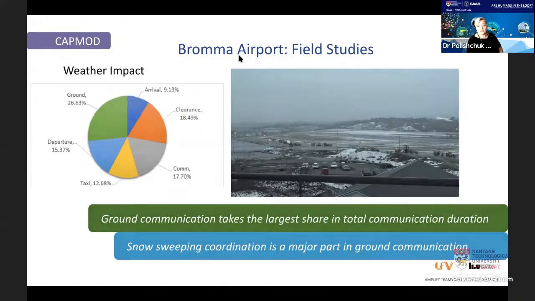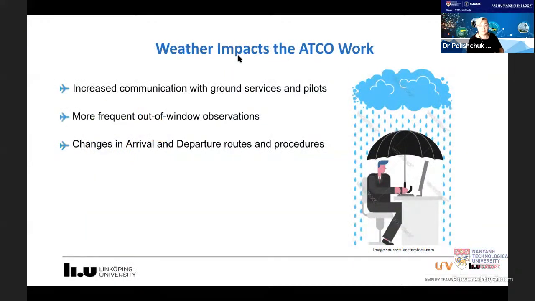And of course, in general, everyone who has ever been to the tower knows that the weather actually changes how the controllers work. It increases the communication to the ground and to the cockpit. It also results in more frequent out-of-the-window observations and can change the arrival and departure procedures and routes.